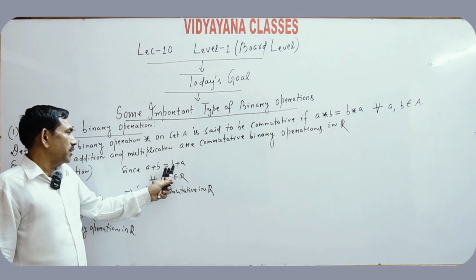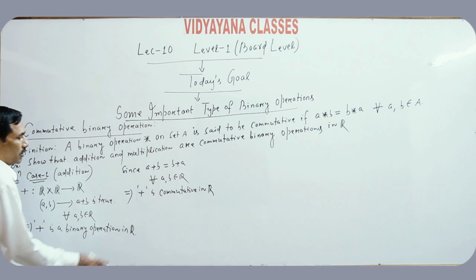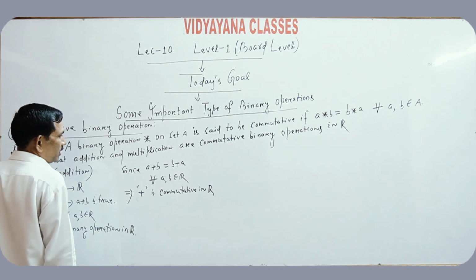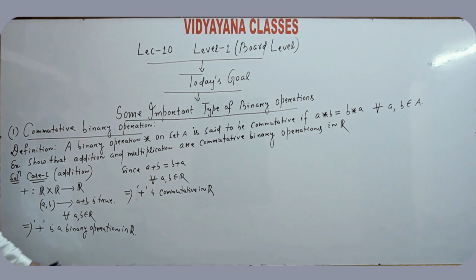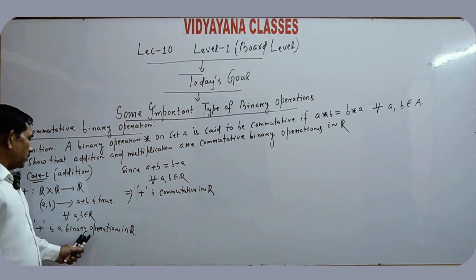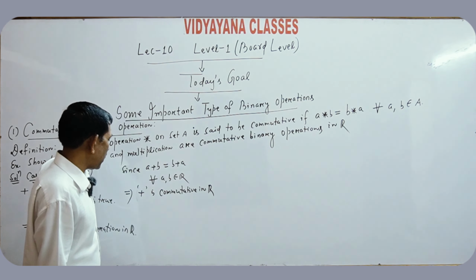A plus B is the same as B plus A in the set R. Here, addition is a binary operation in R, and addition is commutative in R.